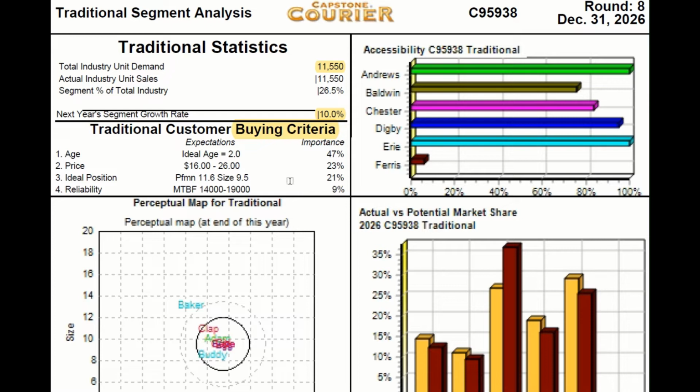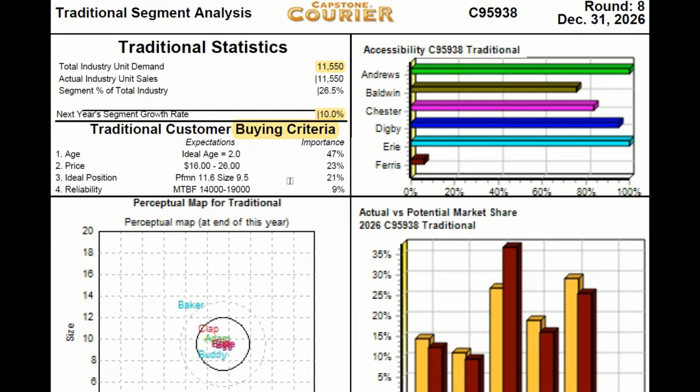The age, in the case of the traditional market, the customers who are buying are interested in an age of 2 years old. And they have placed, as noted, a relative importance or weight of 47%. So that's the number one characteristic of the VP in the traditional marketplace.